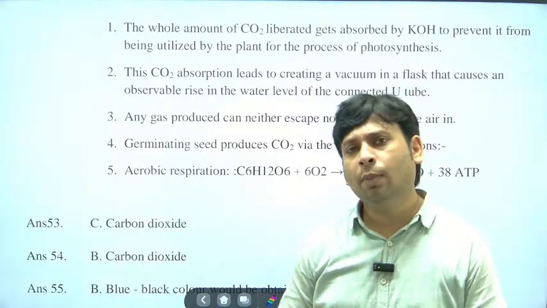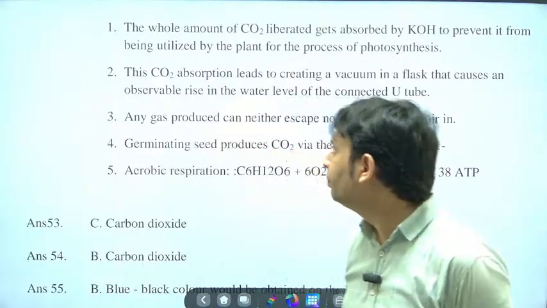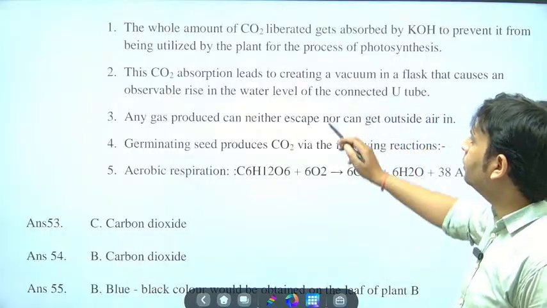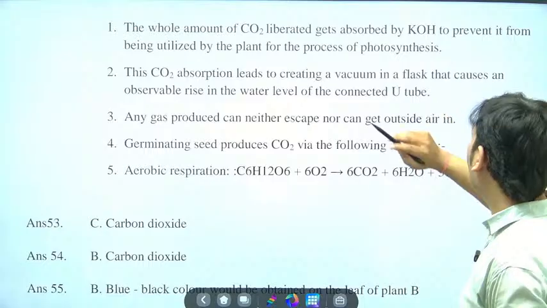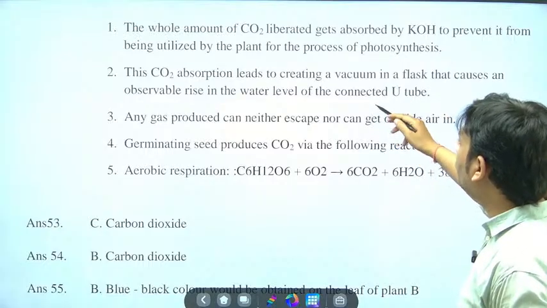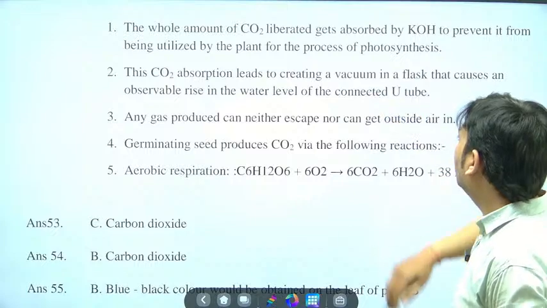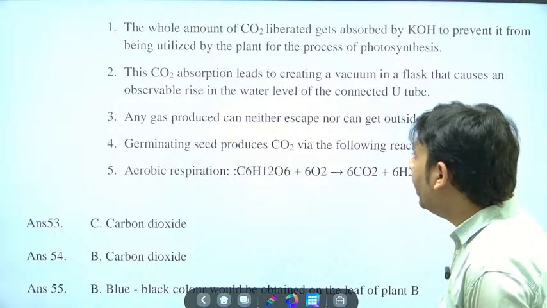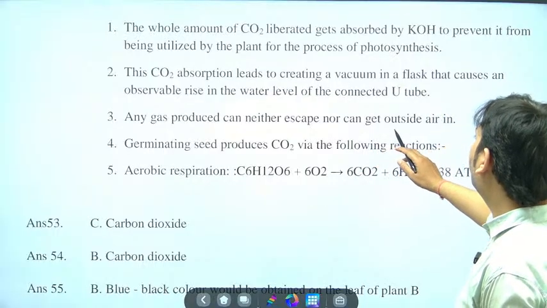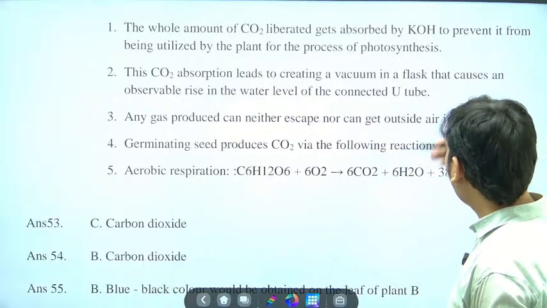This carbon dioxide absorption leads to creating a vacuum in the flask that causes an observable rise in the water level of the connected U-tube. Third, any gas produced can neither escape nor can outside air get in.